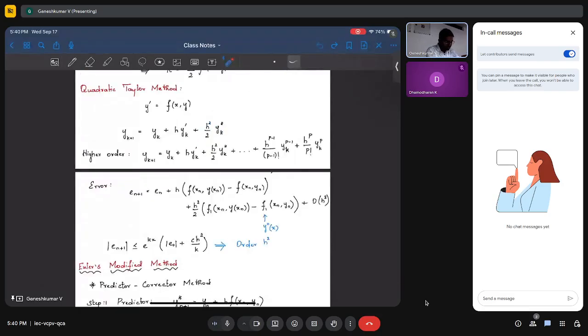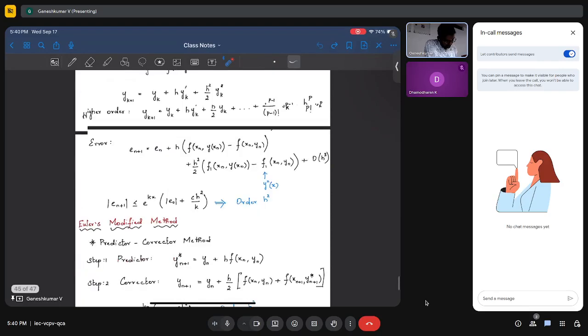Those are quadratic Taylor methods, where you use one more term from the Taylor series, where it is h squared times y double prime at k, and the higher order terms you can also express something like this. Okay, so these y_k, y' of k, y'' of k, you need to find out for each and every step.